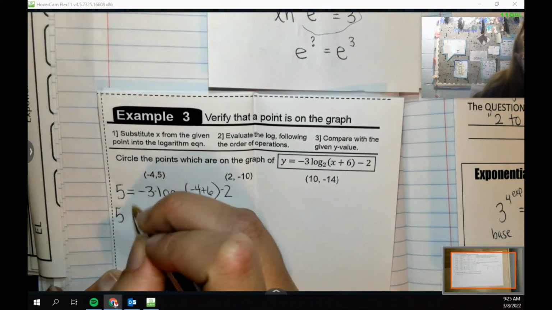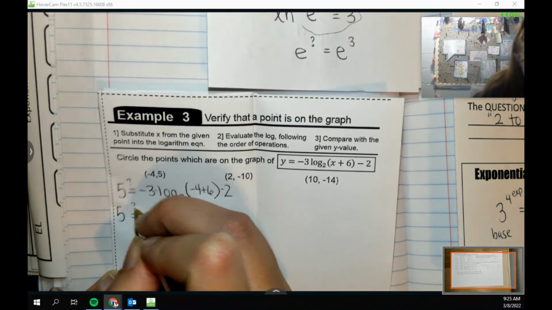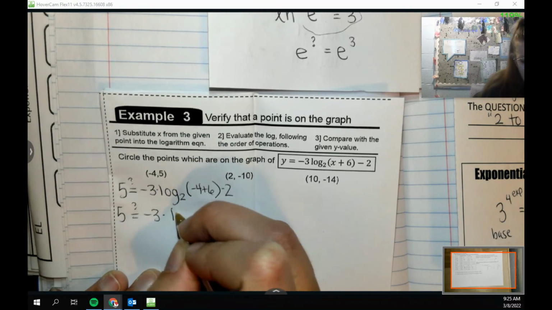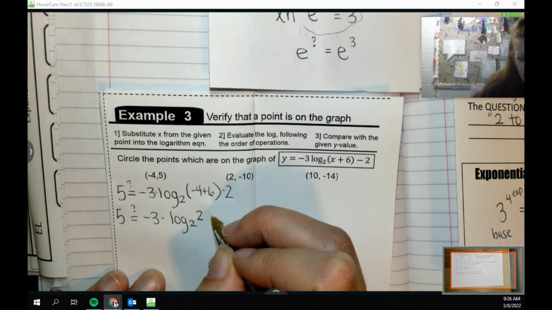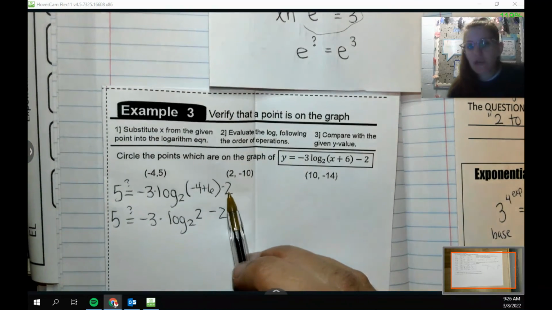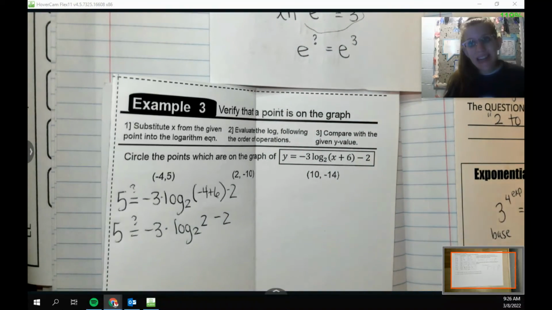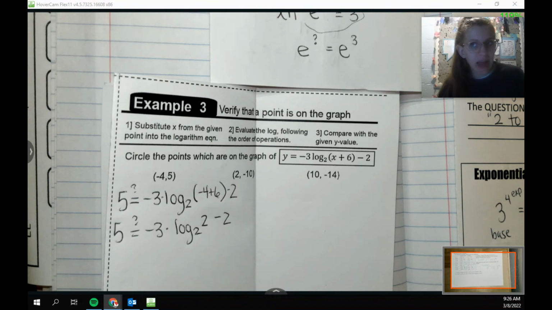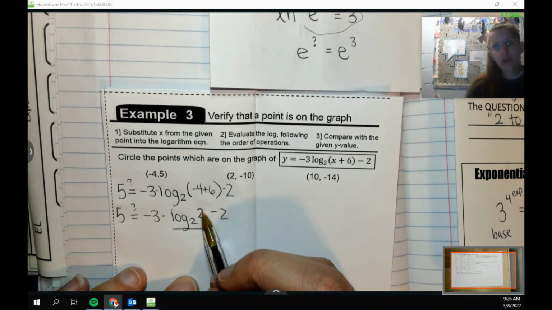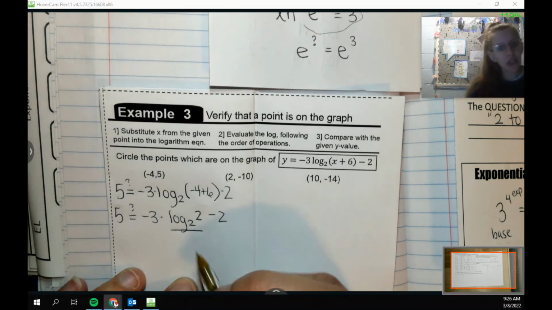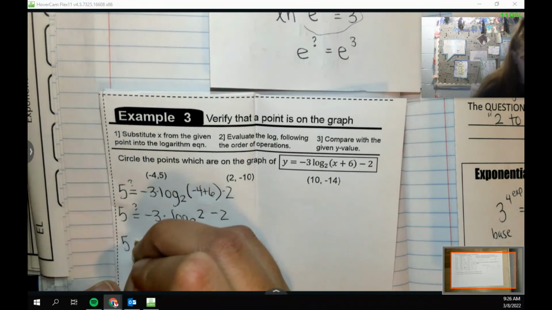So this is a question now, like, is it equal? -3 times log base 2 of 2 minus 2. Now this minus 2 is not part of the parentheses. So my next step is really to do the logarithm. The logarithm is like an exponent, and I've done what's in parentheses. So I have to evaluate my logarithm next. And log base 2 of 2 is asking 2 to what power is 2? So that's 1.